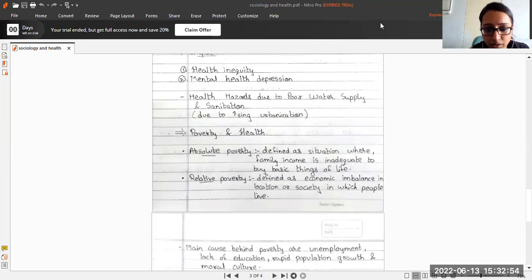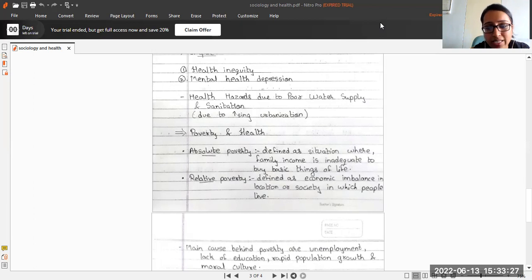Poverty and health. Here, poverty is defined into two different types, that is absolute poverty and relative poverty. Absolute poverty is defined as a situation where family income is inadequate to buy basic things of life. It means a family is working, but the income is not sufficient to get basic necessities, that is, a house, things to eat, proper clothes to wear, or a proper home to stay in.